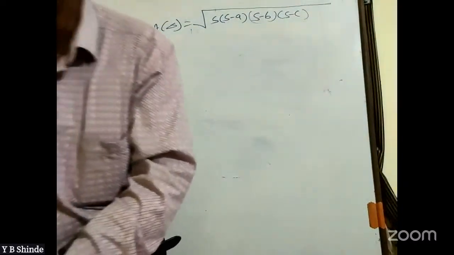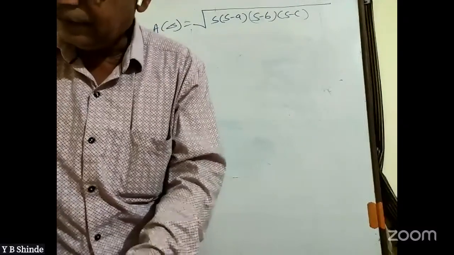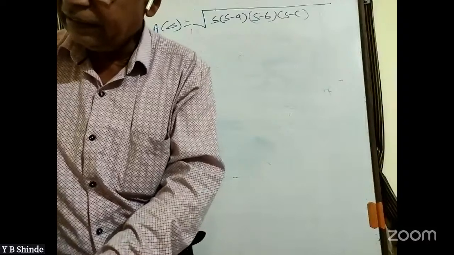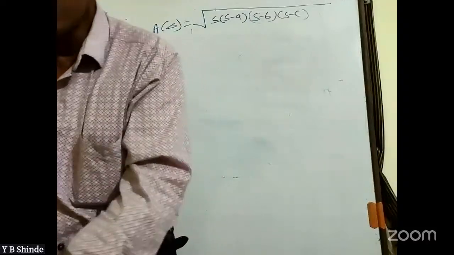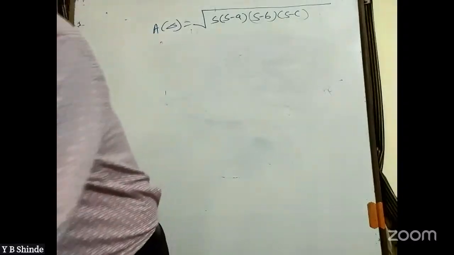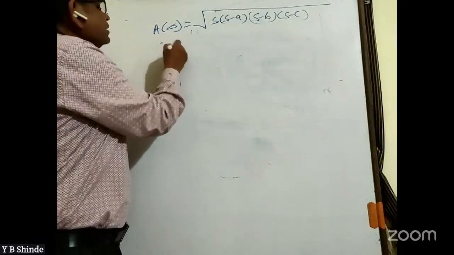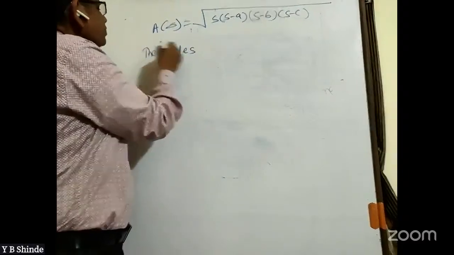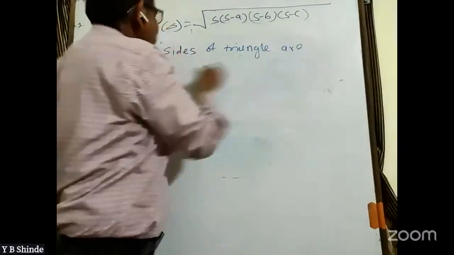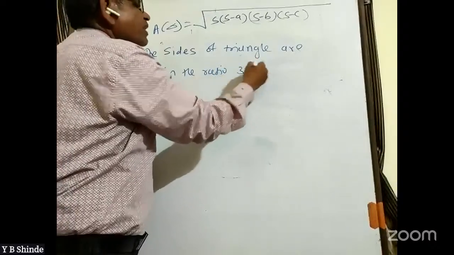See here, I have one problem in front of me, a problem of Heron's formula, and I'm putting it forward on the screen, writing it. There are so many problems, but see here: the sides of triangle are in the ratio 3:5:7.